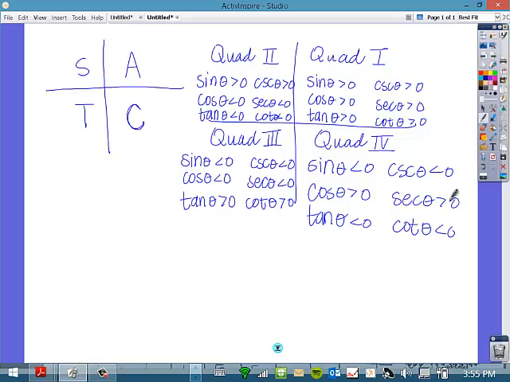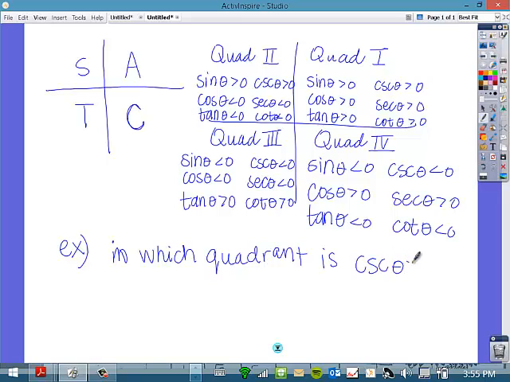So we can use that to help us figure out this next example. In which quadrant is cosecant of theta greater than 0 and tangent of theta greater than 0?